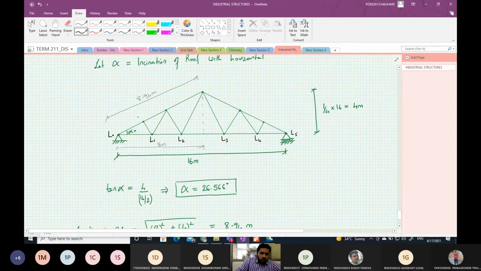Similarly, we call this as U1, U2, U3, U4, U5, U6, U7. So these are the upper chord points.